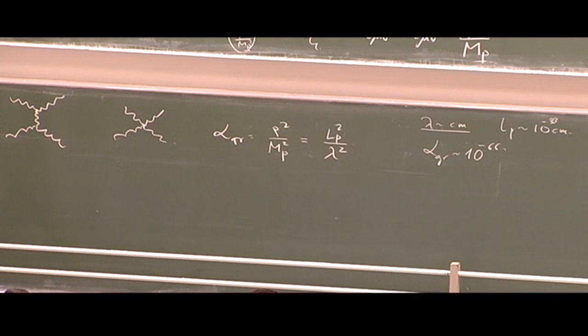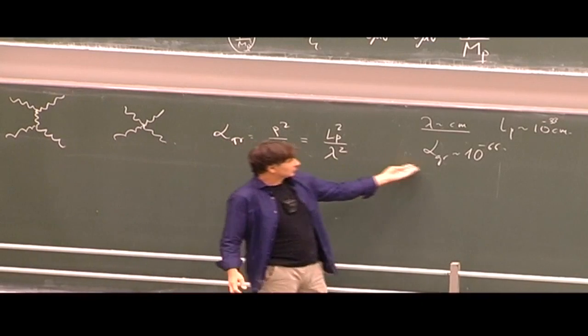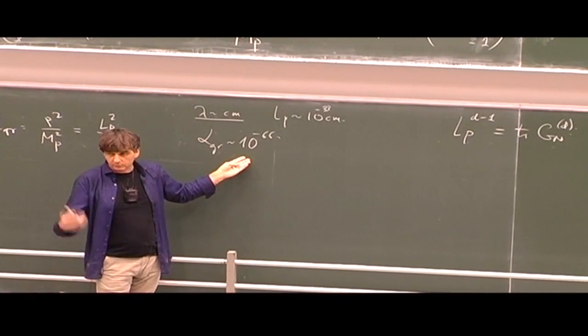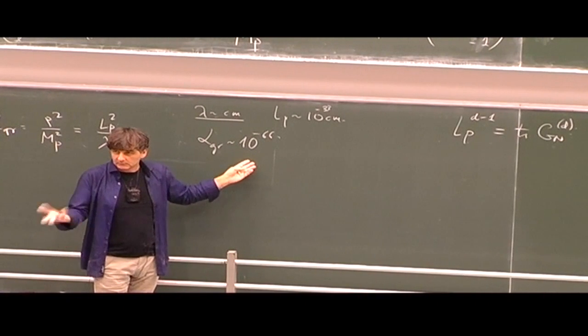Those will be minuscule, tiny, because already at one centimeter this strength is so weak that you can practically forget about it for single gravitons. But it doesn't matter, it's a matter of principle.